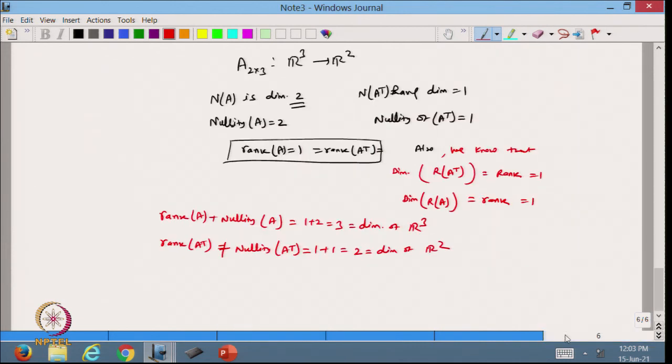So, now after doing this we can make some conclusion. I will discuss another term, the zero null space.